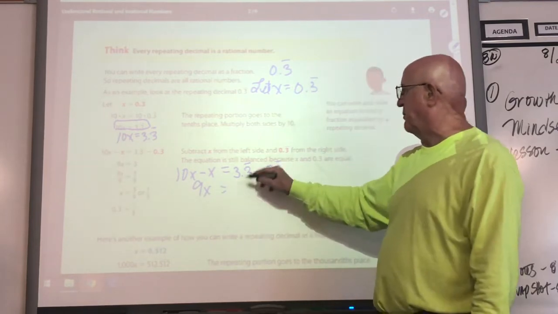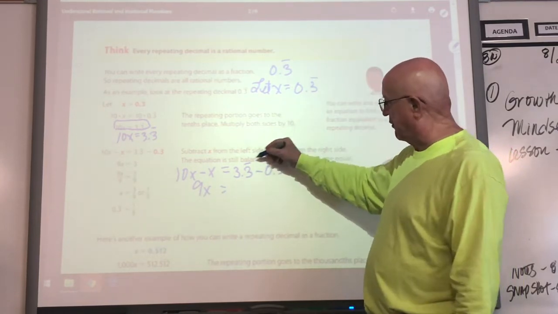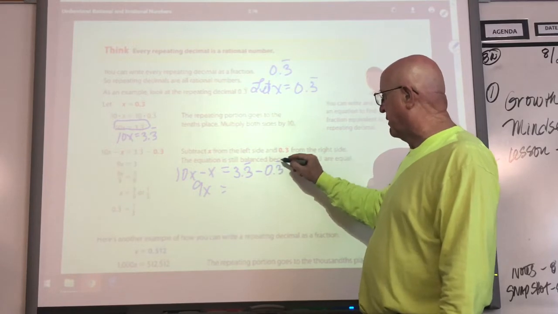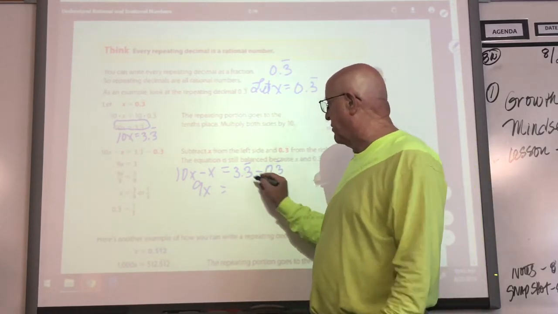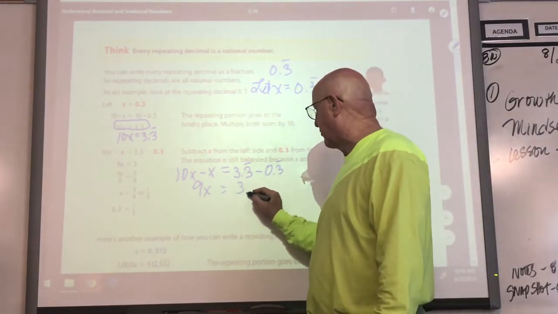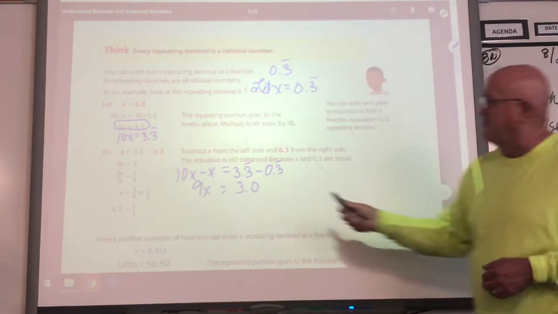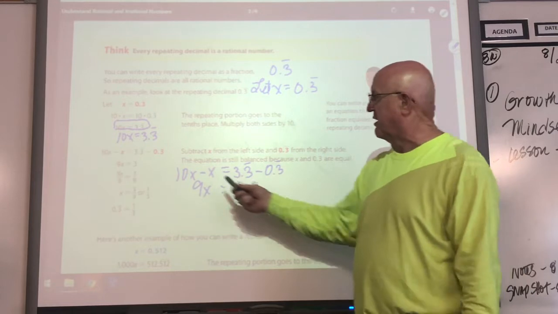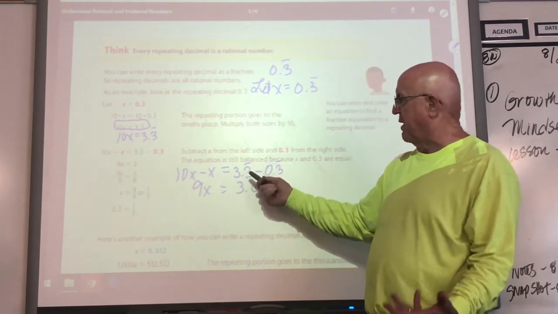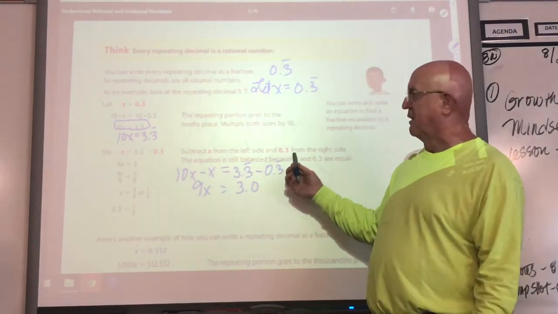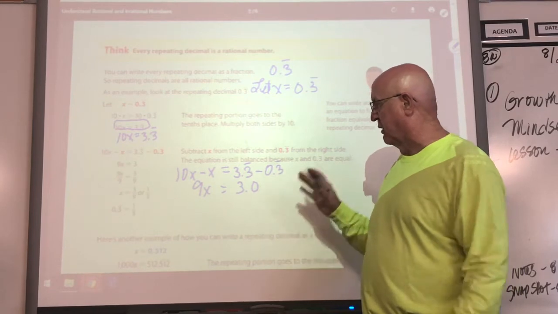And 3.3 repeating minus 0.3 repeating, when you subtract that, you get 3.0, all right? So remember, these are equivalent expressions because 10x and 3.3 repeating are equal, and x and 0.3 repeating are equivalent.